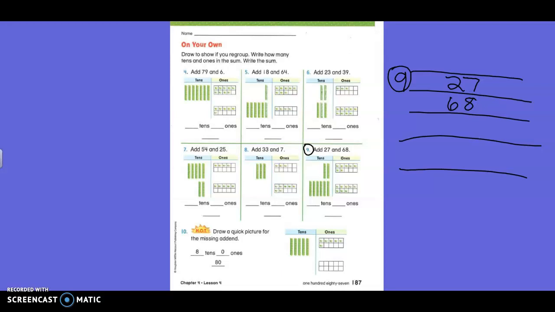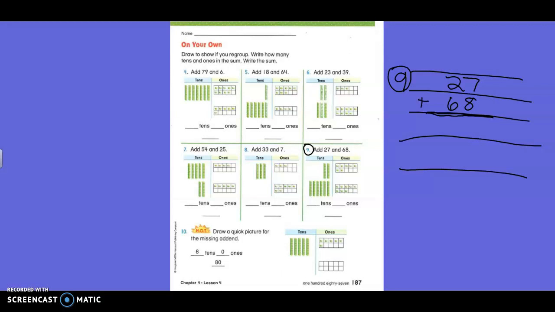Now they have this line for you, so you don't have to make your own line. All right? Plus sign for adding. Now what do I do? Grayson? Jaren? Add the 1s side.